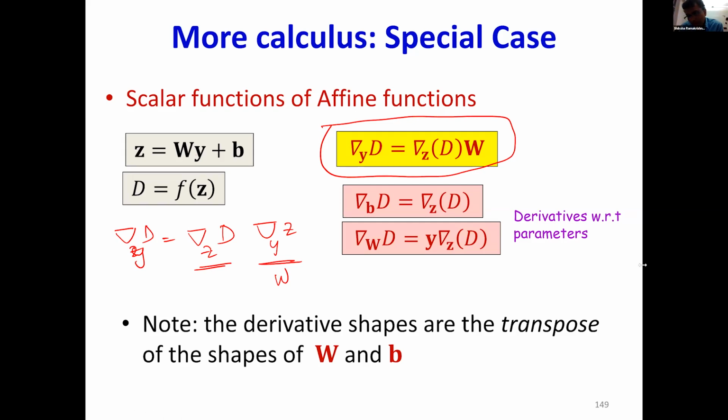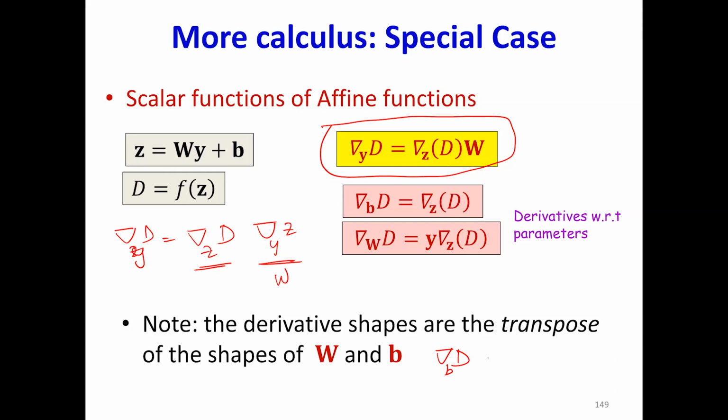Right, okay. So now, what is the derivative of d with respect to b?